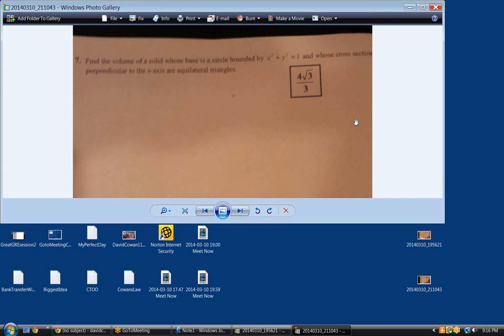Find the volume of a solid whose base is a circle bounded by, okay, that's a circle at the origin with radius 1, the unit circle. Its cross sections are perpendicular to the x-axis and are equilateral triangles.